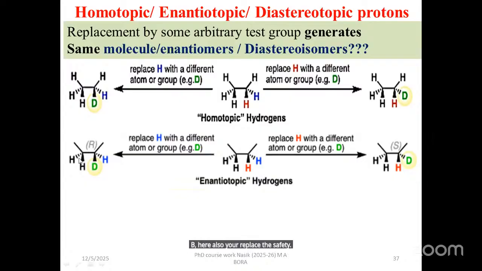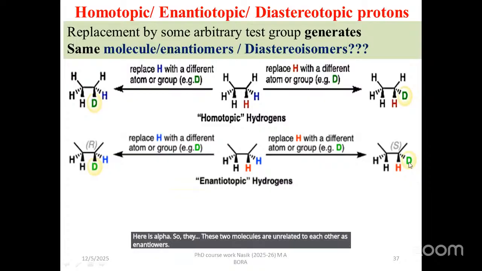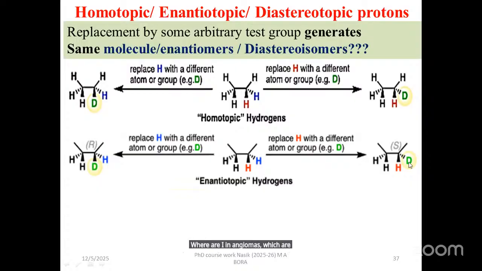After doing that, what is the relation between this compound and this compound? Here D is beta, here D is alpha. So these two molecules are related to each other as enantiomers. What are enantiomers? Non-superimposable mirror images of each other.